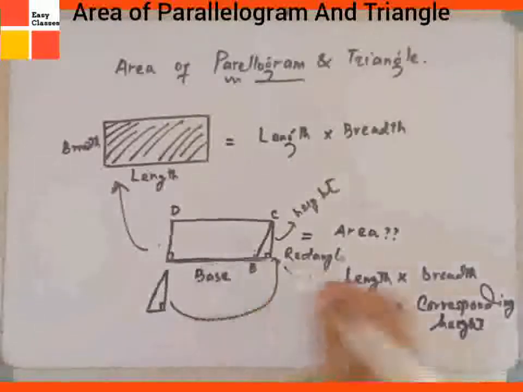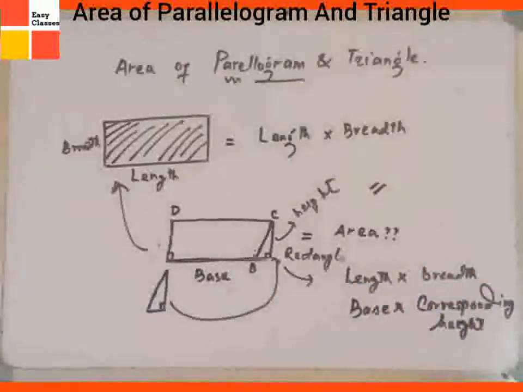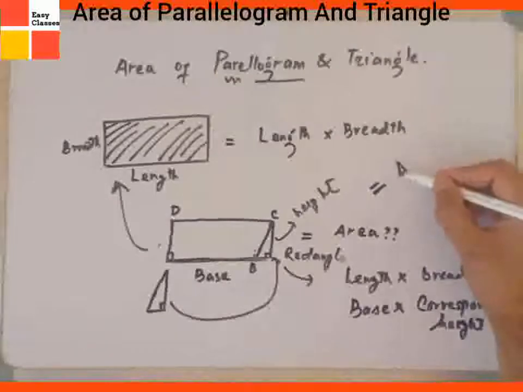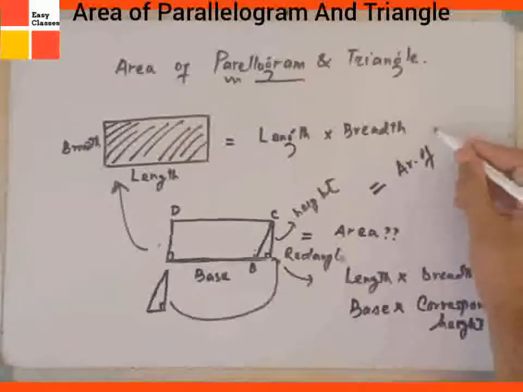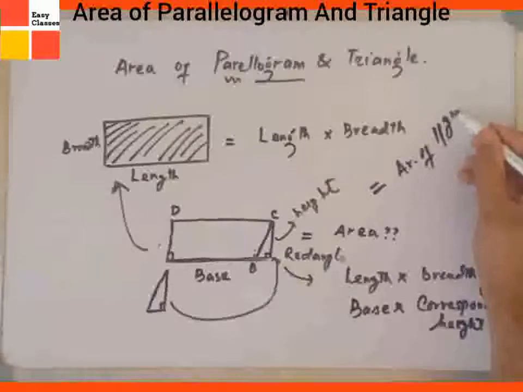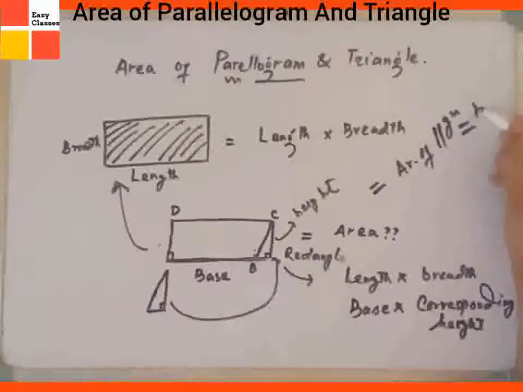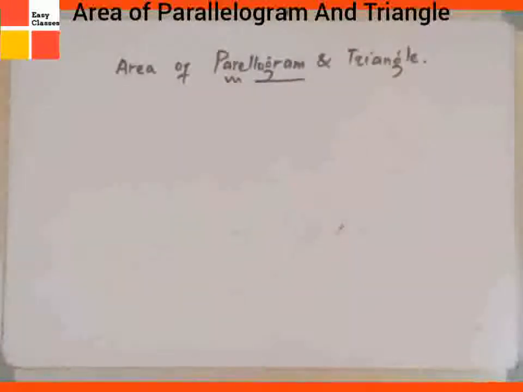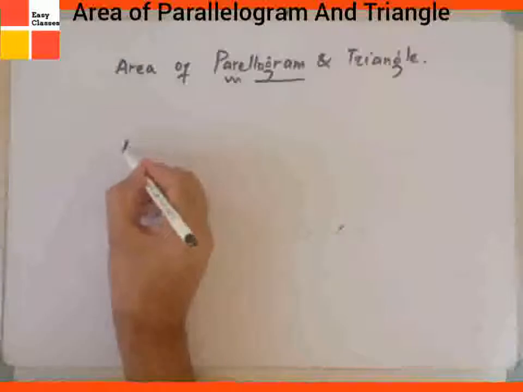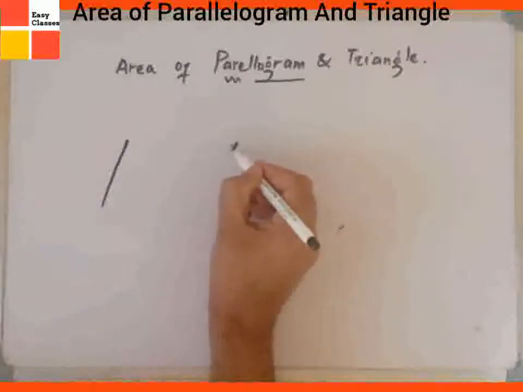So the area of a parallelogram, now we have worked out a formula. Area of parallelogram, this is the symbol of a parallelogram, two parallel lines, is equal to base into height, right? See, for example, again this is a parallelogram.